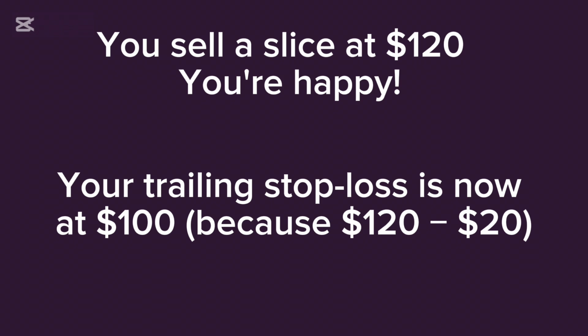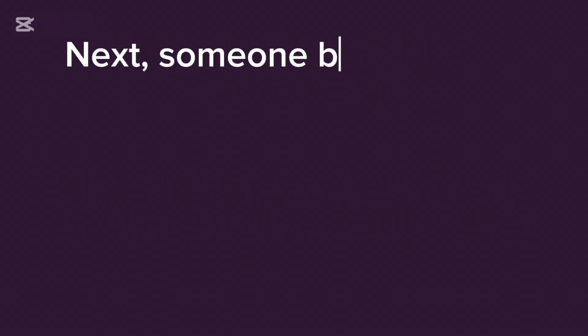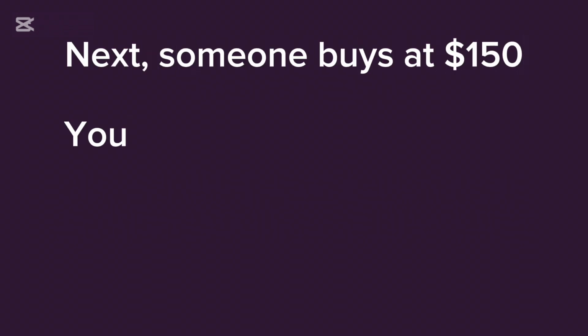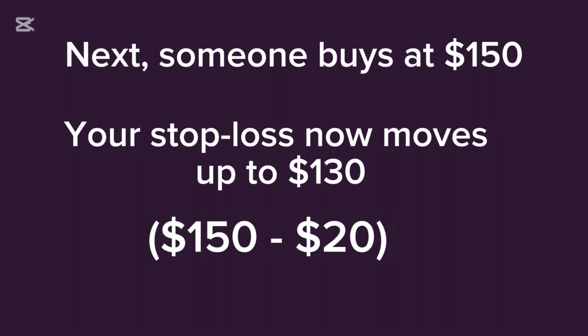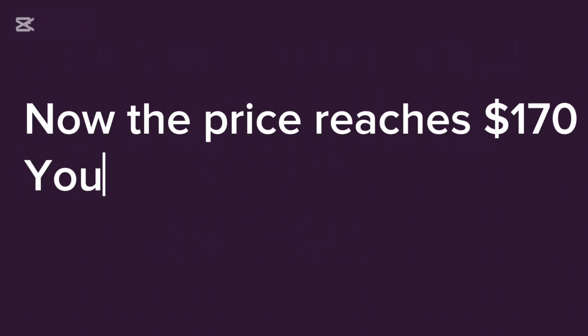So that's where your trailing stop loss is now. Now if someone buys at $150, your stop loss will automatically be at $130, which is 150 minus $20, your trailing stop loss. So automatically your trailing stop loss will now be at $130. So now let's assume the price reaches $170.